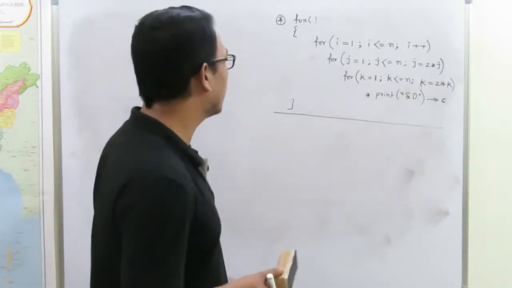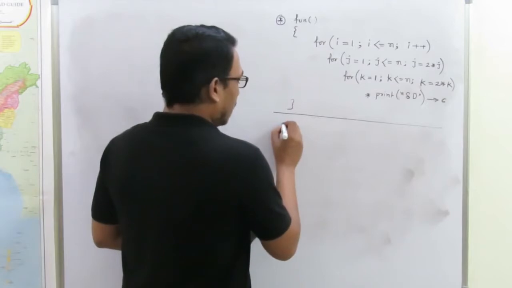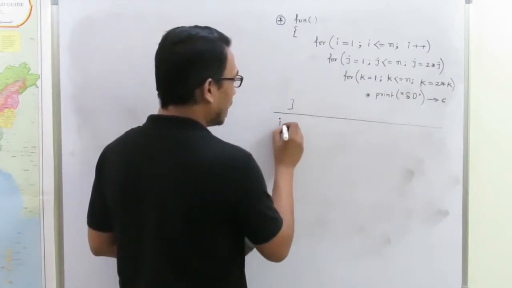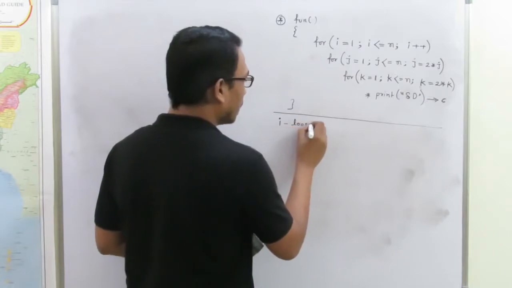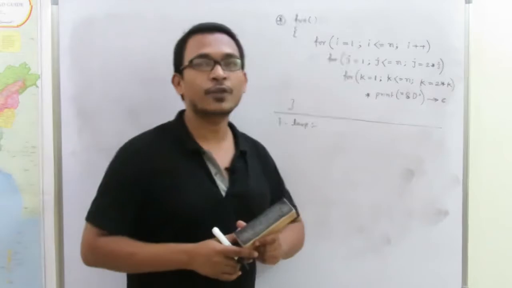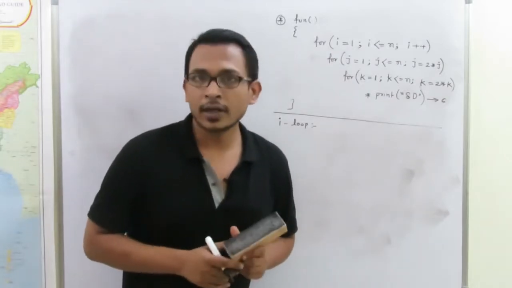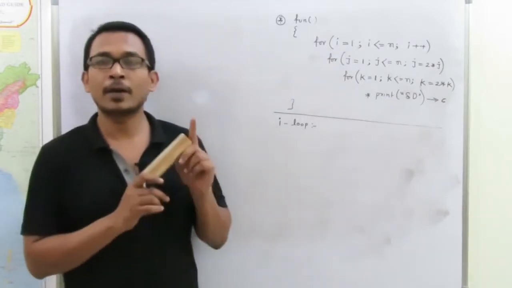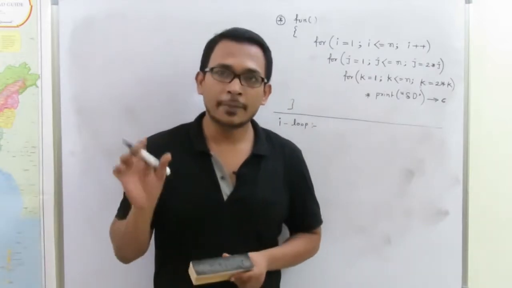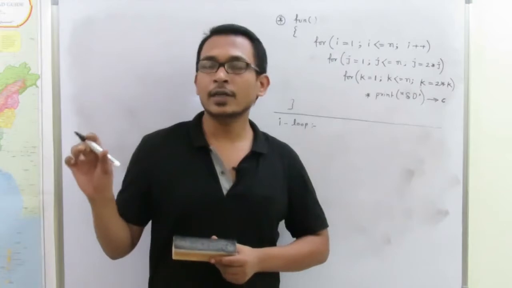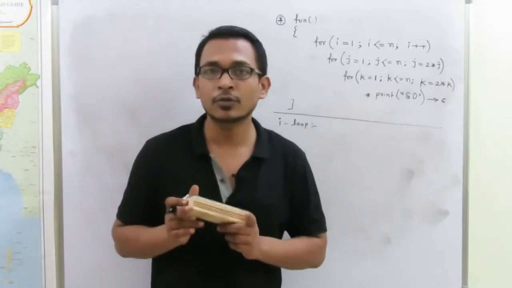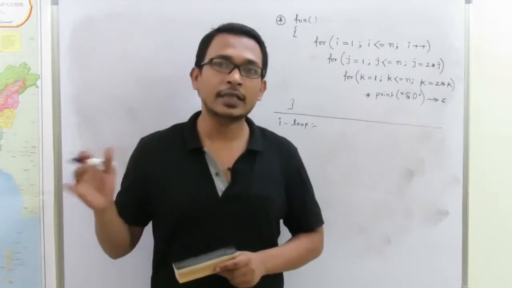So let's do it for the i loop. How can we decide the number of iterations for a particular loop? By looking at the initial value, the termination condition, and how it will increment, that means how we change the value in each iteration.